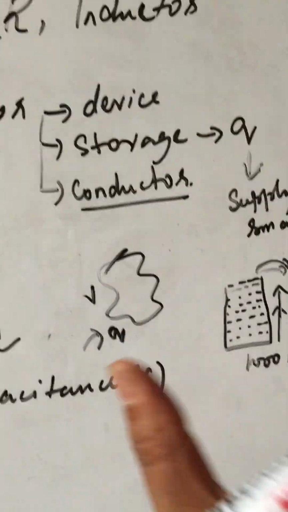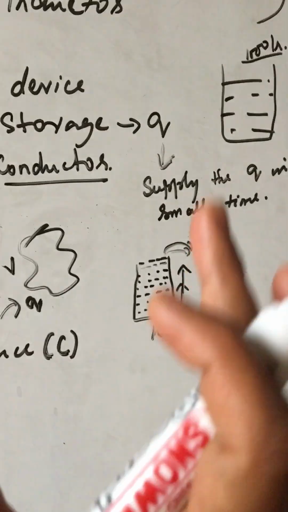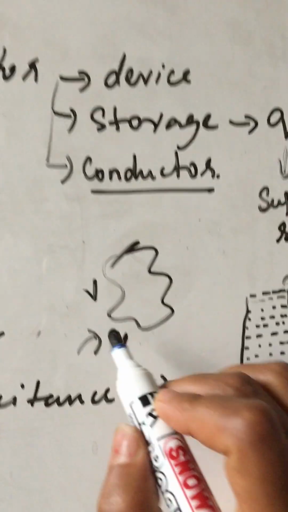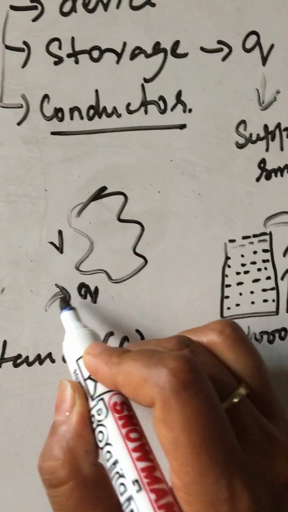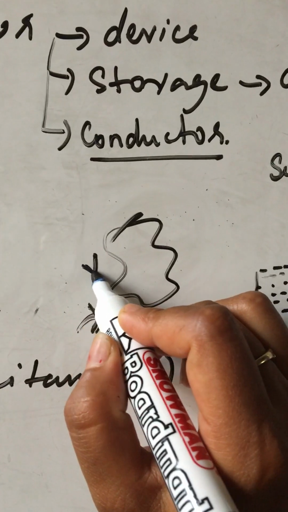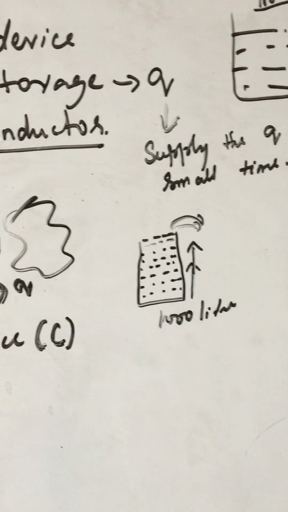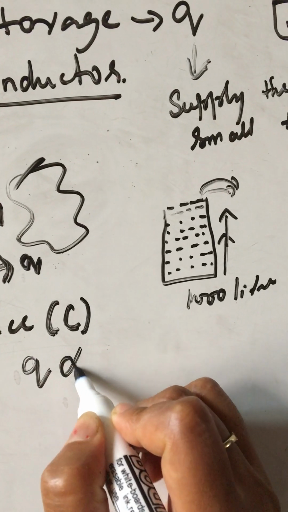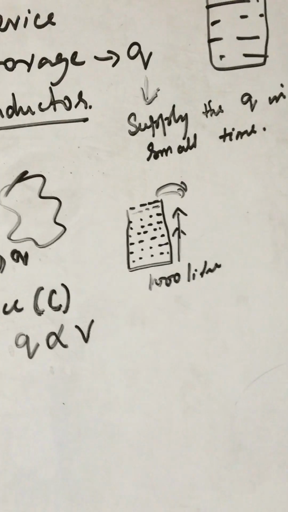The same thing will happen even to the conductor also. The more charge you give, the potential of it will keep on rising. So the charge is directly proportional to the potential, right?